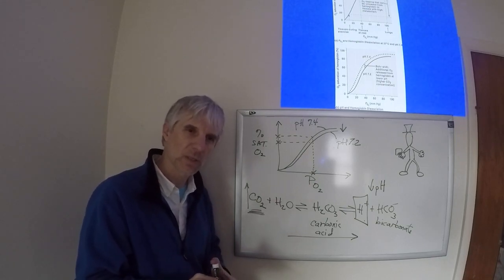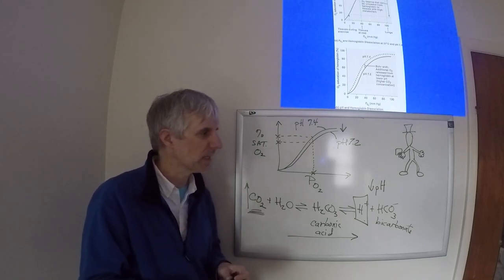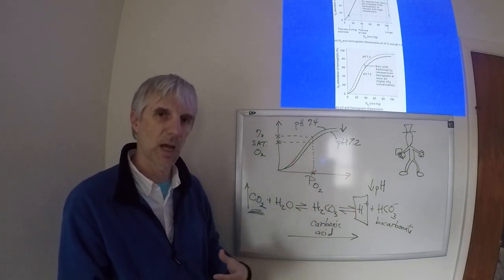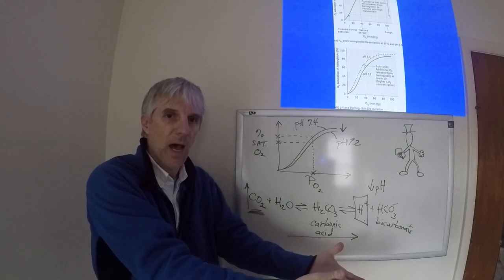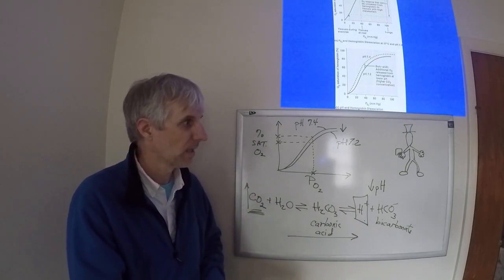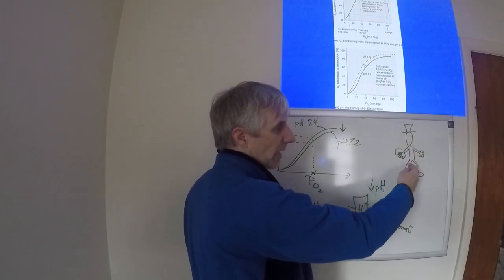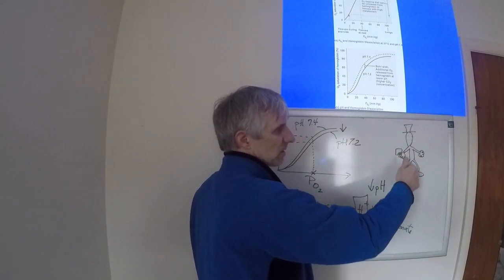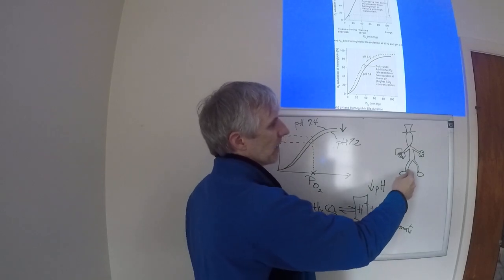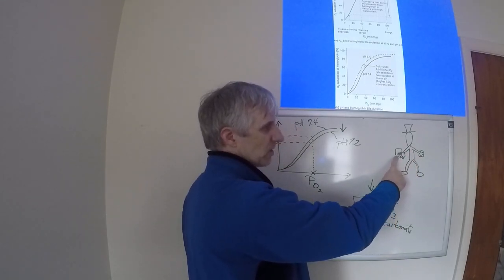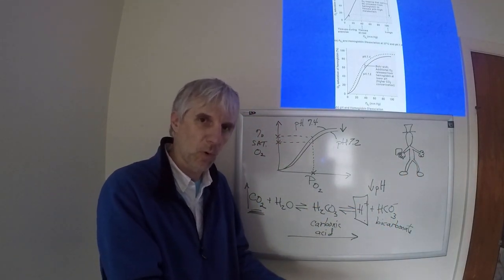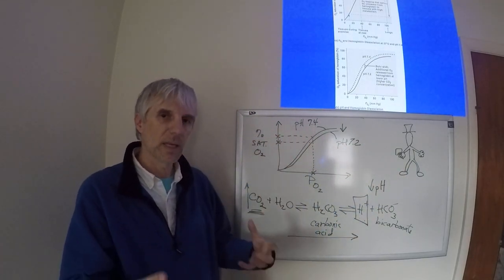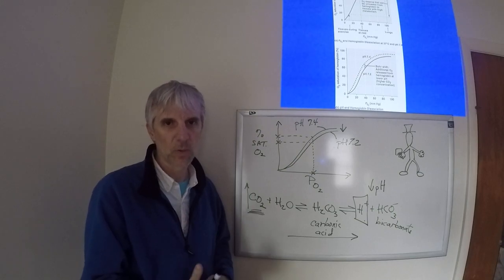The consequence is that the hemoglobin, in the presence of extra hydrogen ions, coughs up the oxygen more easily. As the blood moves through the body, in regions where pH is low, it coughs up more oxygen, and in regions where the pH is higher, it hangs on to the oxygen a little better.